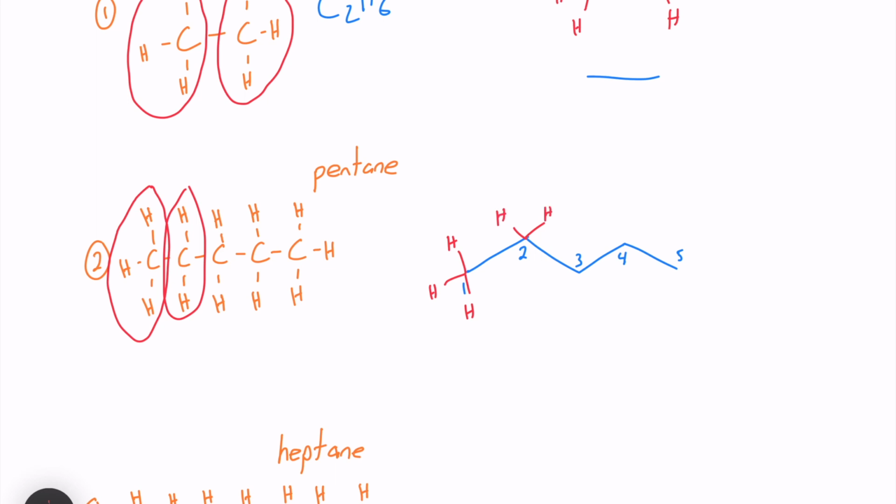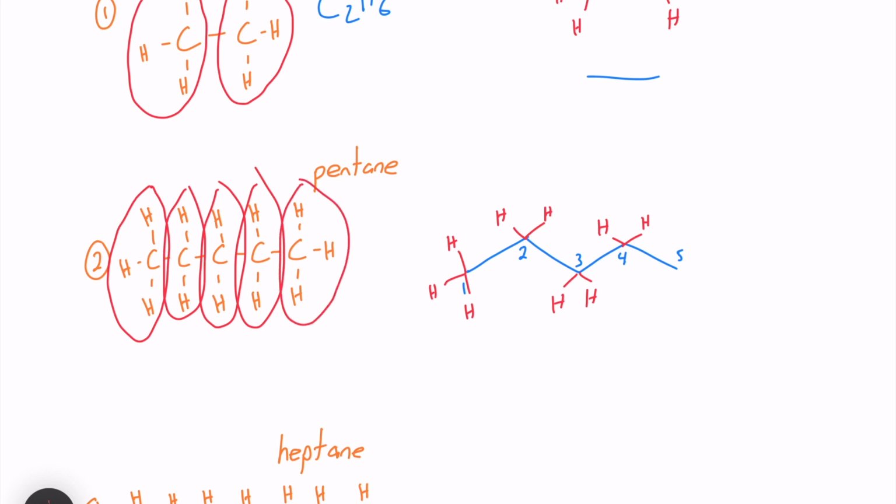On carbon number 3, you can probably guess, to fulfill carbon's octet, we need 2 hydrogen. On carbon 4, it's the exact same thing. We have 2 hydrogen to fulfill that octet. Finally, on carbon number 5, we need a CH3 group to fulfill that octet.